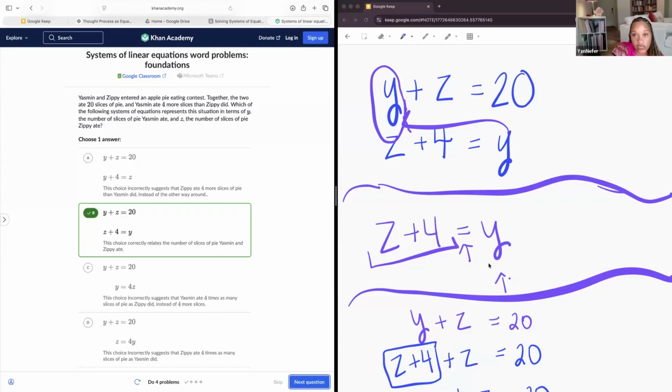So we're showing the relationship between how much Yasmin ate and how much Zippy ate. We're showing a relationship between that by writing y plus z equals 20. So we can interpret that as they both together ate 20 slices of pizza. Another thing that we know is that Yasmin ate 4 more than Zippy.